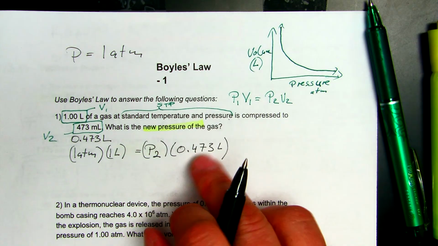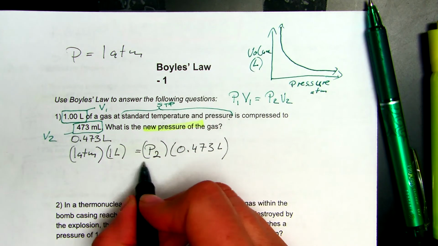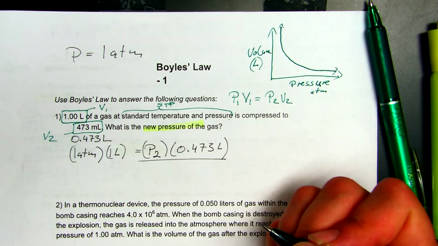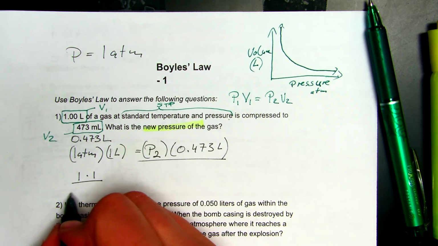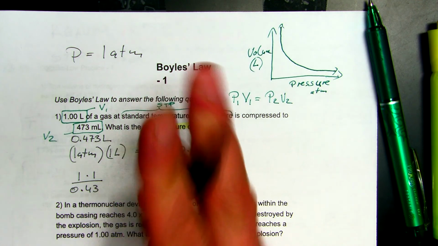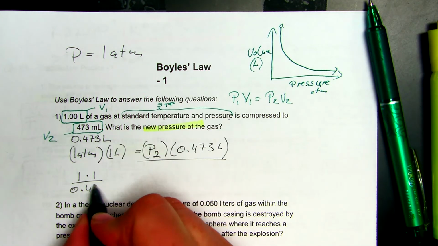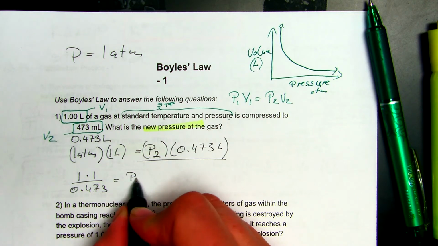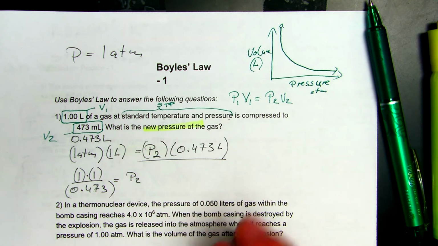Yes, I divide it by this, right? I divide both sides. So really this is how I need to write it down, 0.473. Are you with me? All right.